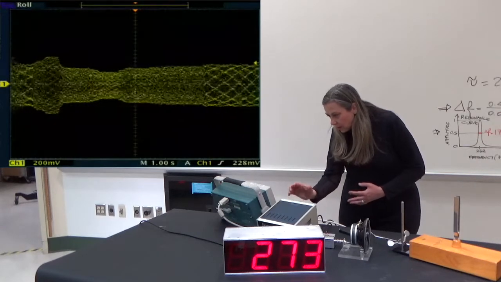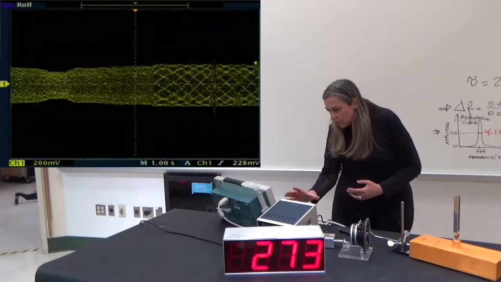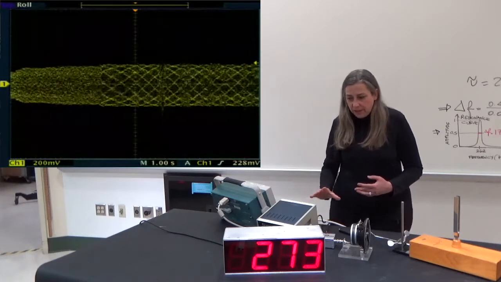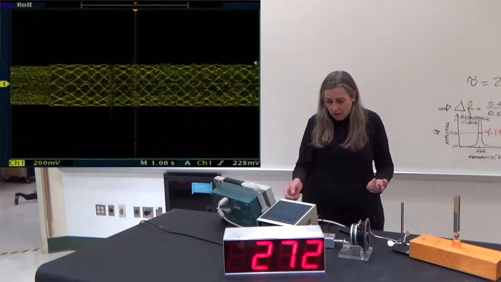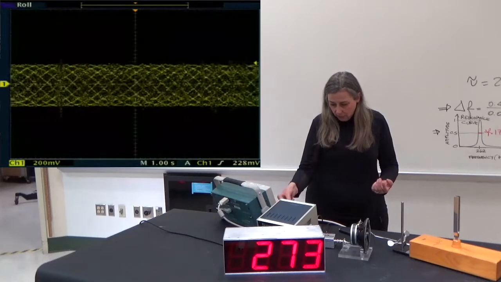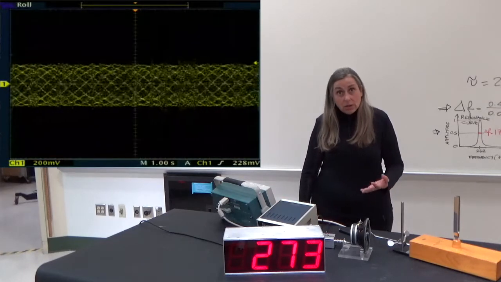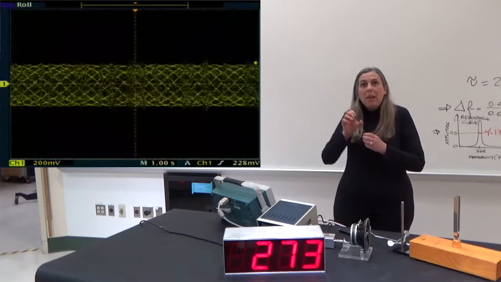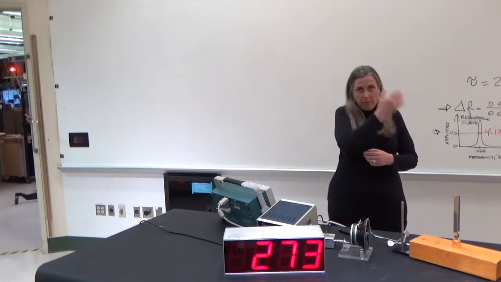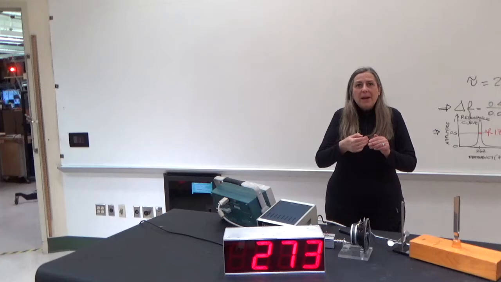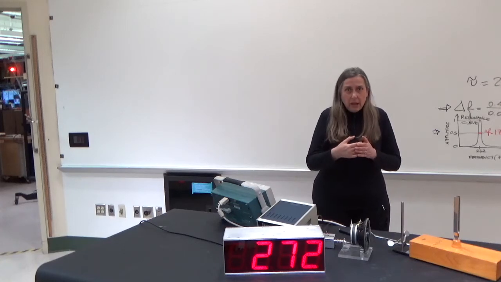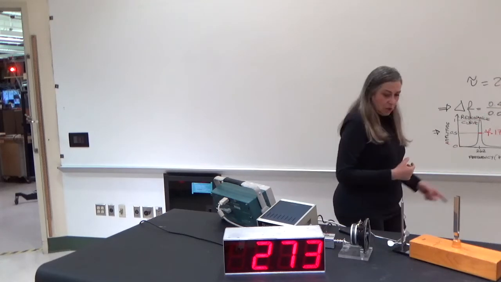That is, to a very good approximation, 1/2 the original amplitude. And that's 274 Hertz. Therefore, we have plus 12 above and minus 5 below the maximum of the resonance curve.